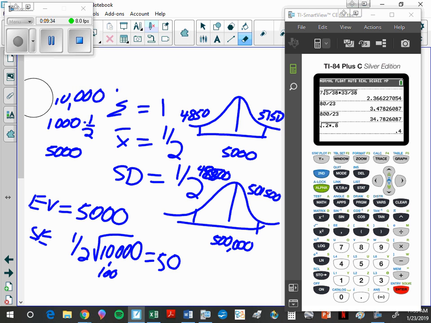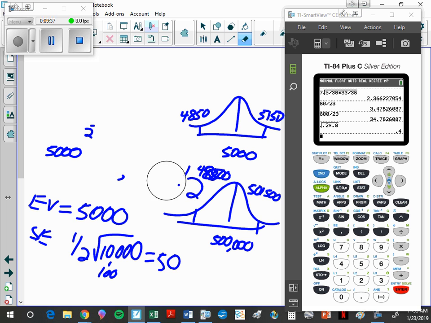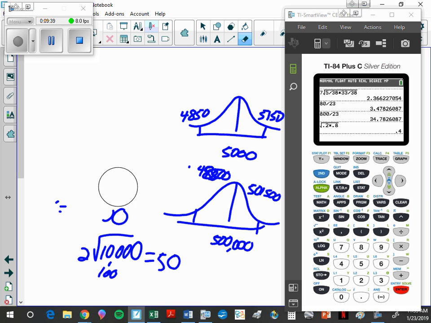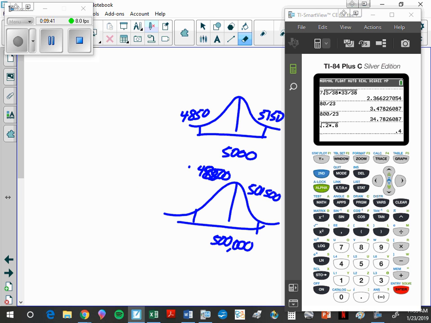Now, what I want to point out here, and this is kind of what they're getting at, let's just look at these 3 curves. So when we played 100 times, we had 20, 8 and 32.